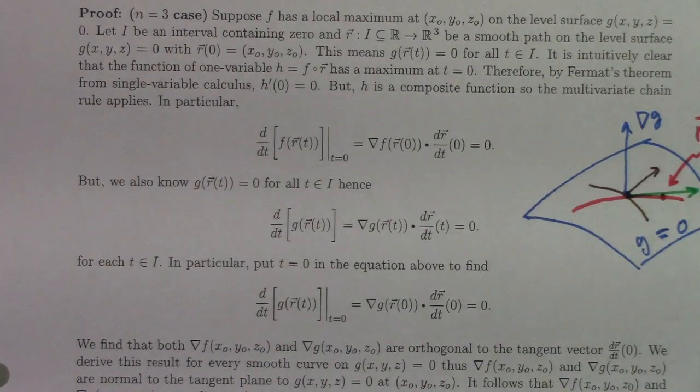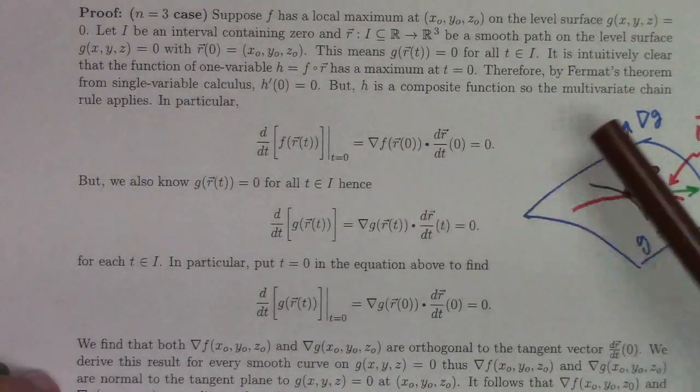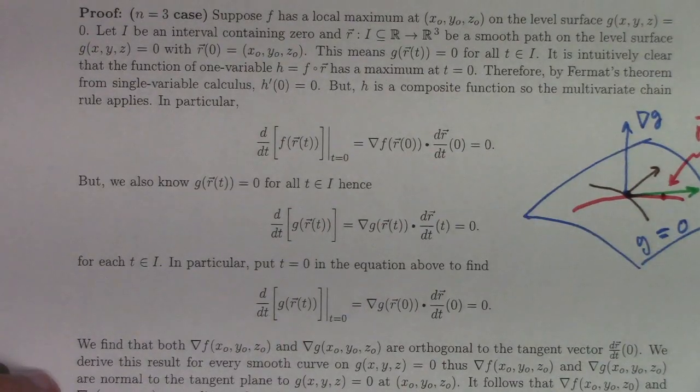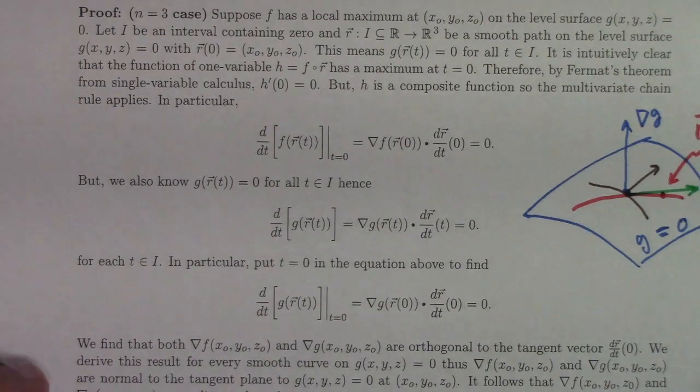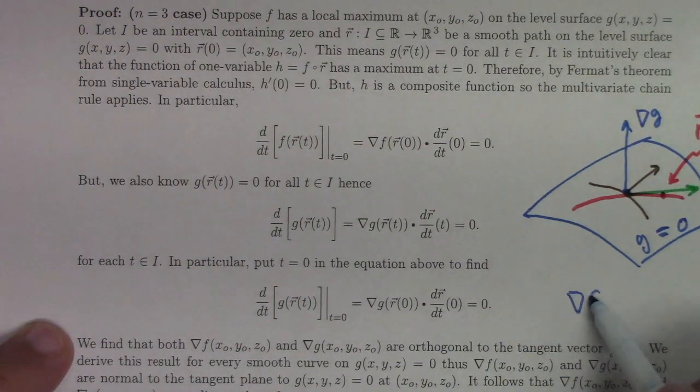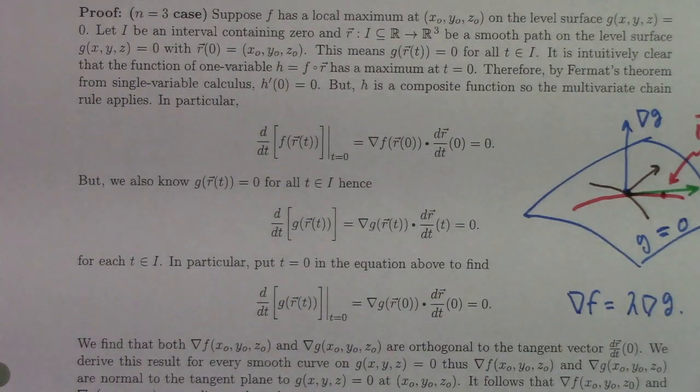So since the gradient of f is perpendicular to all velocity vectors, it must be collinear with the normal vector, which is the gradient of g. And so again, we get the Lagrange multiplier equation: gradient of f is equal to lambda times the gradient of g. All right, so that's why the method works.